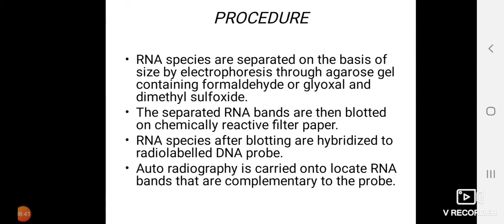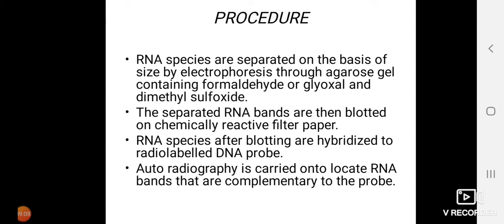As I told you, the procedure involves RNA of a particular species being separated on the basis of electrophoresis using denaturing gel electrophoresis with either formaldehyde or glyoxal, or even dimethyl sulfoxide. Then separated RNA bands are going to be subjected to blotting, either through capillary blotting or through electroblotting.